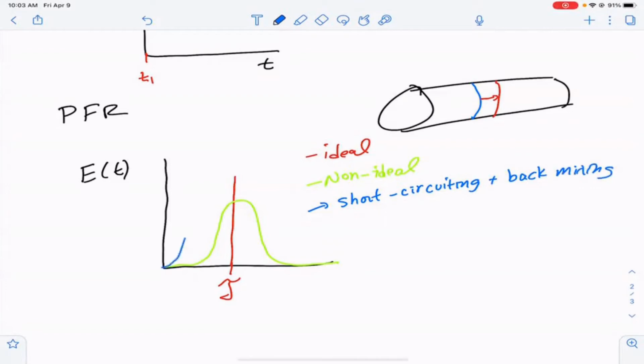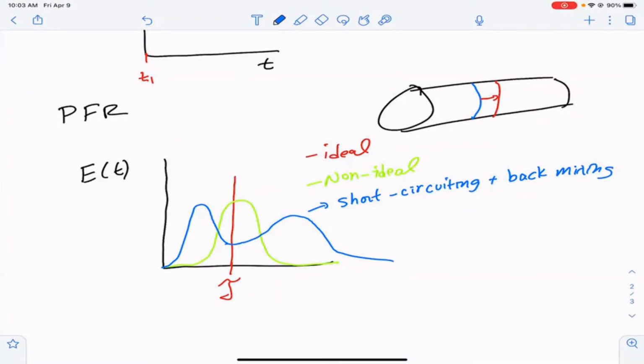So you have some residence time related to short circuiting. And then after that, let's say that you had something like back mixing, right? And now all of a sudden you're designing a reactor around this residence time, but you actually have two completely different residence times inside of your reactor.